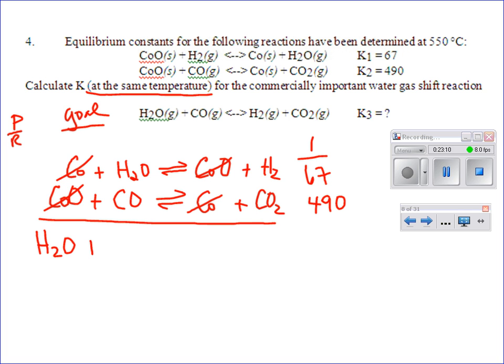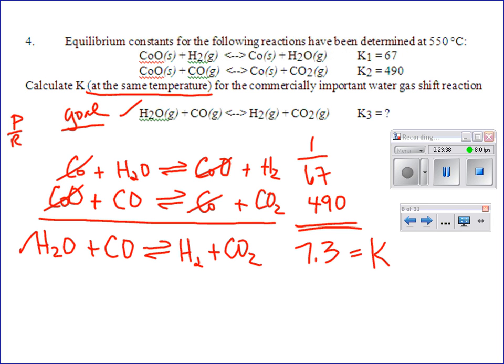So I get H2O plus CO gives me H2 plus CO2. Does that match my goal? Yes, it does. So because I went ahead and successfully added these, what do I do to my K's? Multiply them. So what's 490 divided by 67 and give me 2 sig figs? 7.3 is equal to my K3. That's not that bad, right?